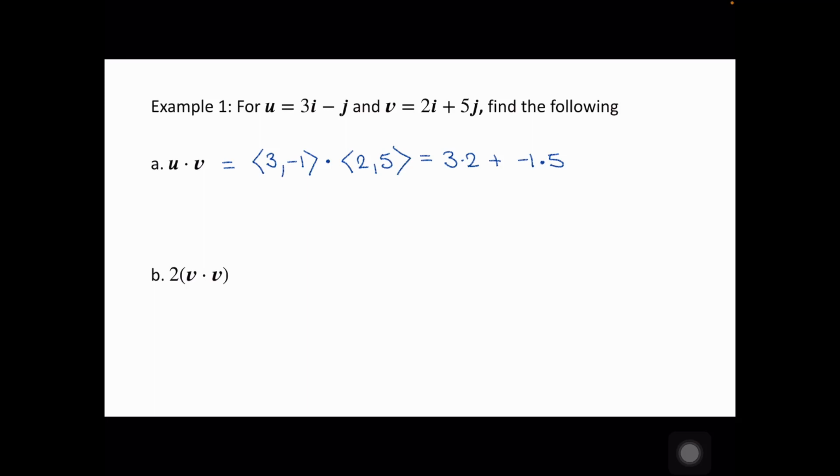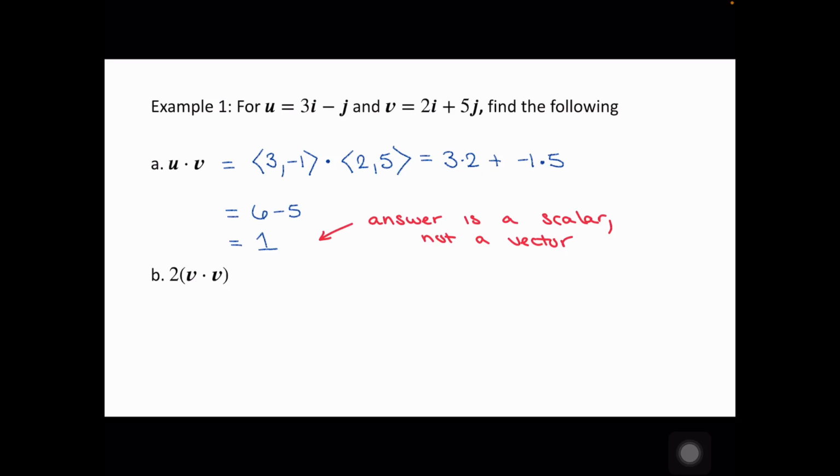So 3 times 2, and then I multiply negative 1 times 5, and I add those results together. That gives me 6 minus 5, 1. So my dot product is 1.